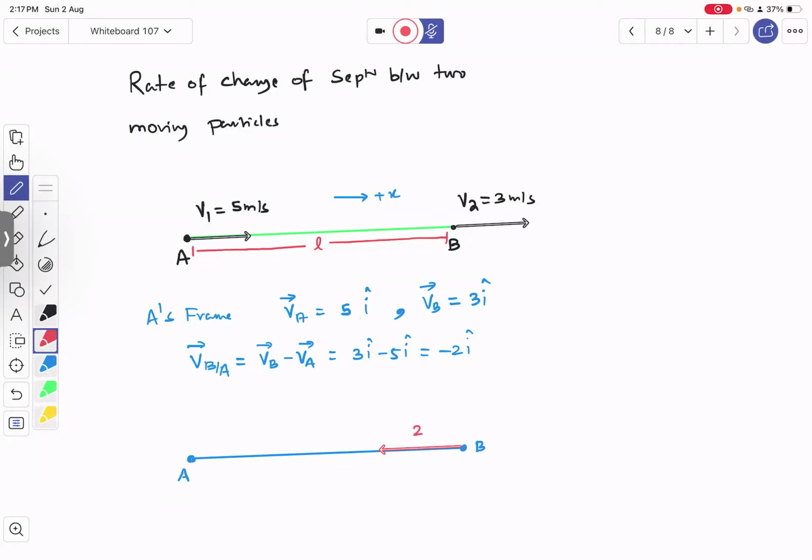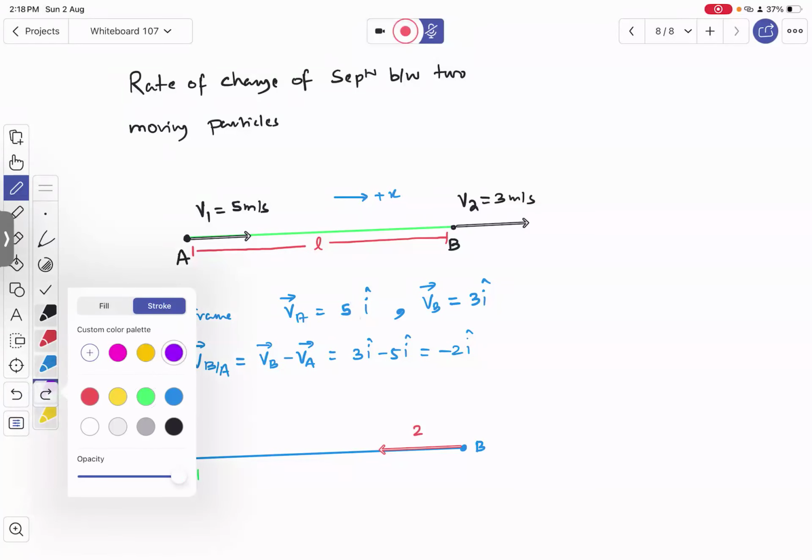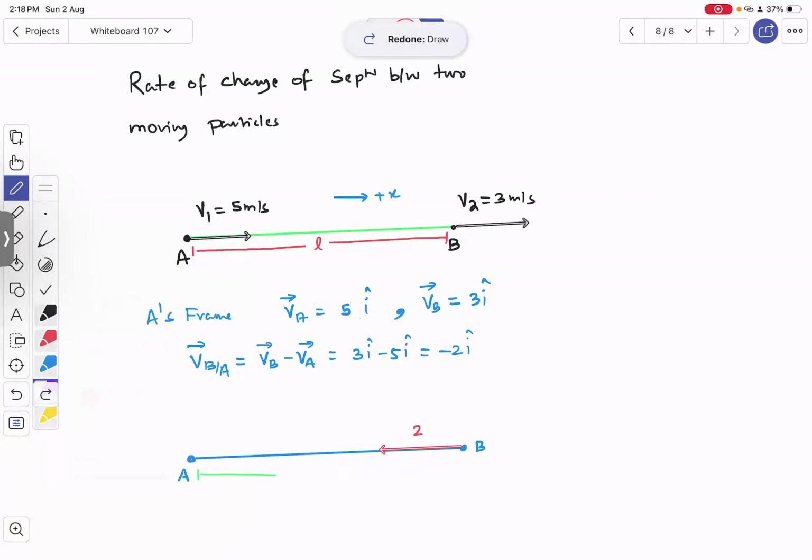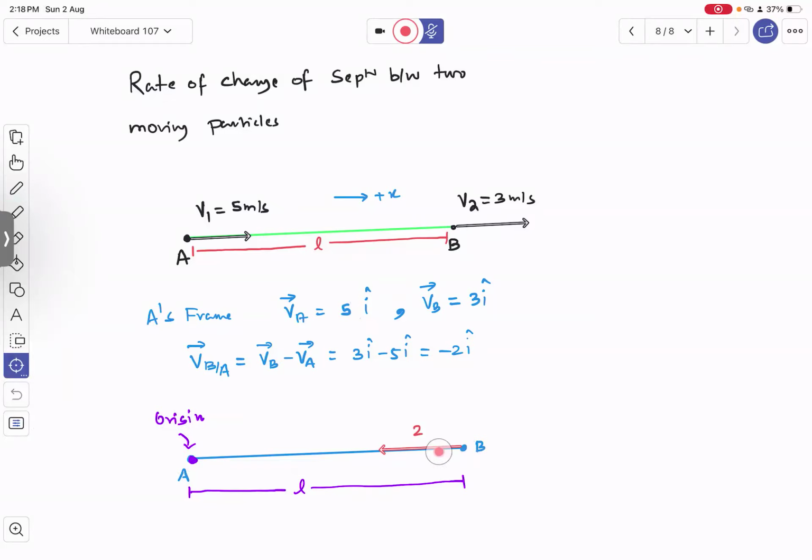Now, literally, you have a new question in which only B is moving and A is fixed, and at any given moment the separation between them is L. So A is not moving, maybe A is fixed and take it as the origin, and B is a point on the x-axis moving towards the origin.